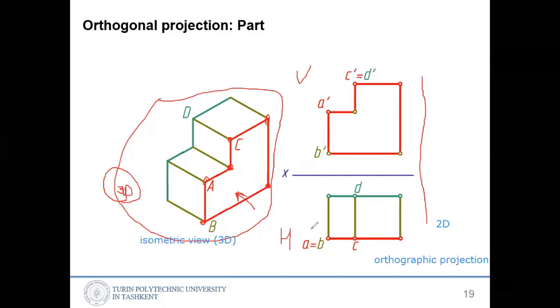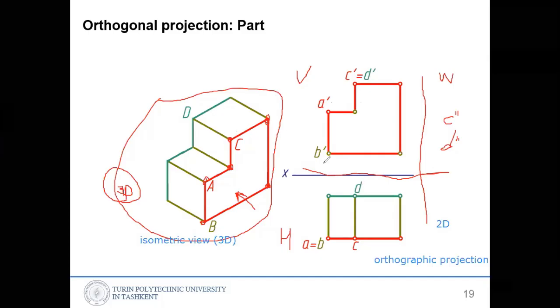That's why for A, B, D you see small characters and no dash. And in plane W, it should be C with two dashes or D with two dashes. Everything with two dashes.